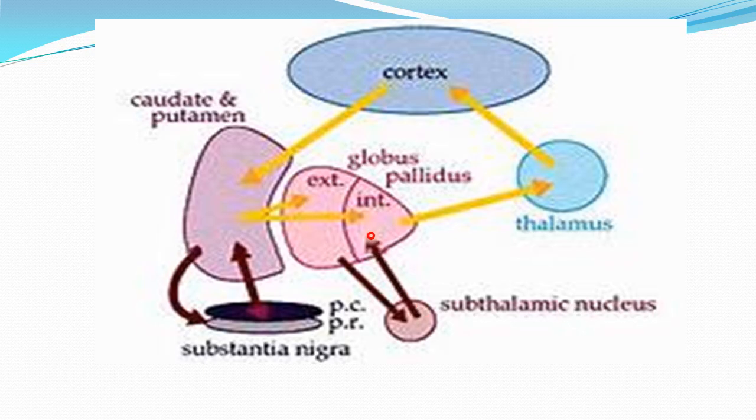This excites these nerve fibers, this GABAergic fiber. The nerve which passes from subthalamic nucleus to the internus is excitatory. This is inhibitory and this is excitatory. It excites these nerve fibers. So GABA increases here. It inhibits the thalamus, corticothalamic fibers. So this doesn't give impulse. So it inhibits the unwanted movement.